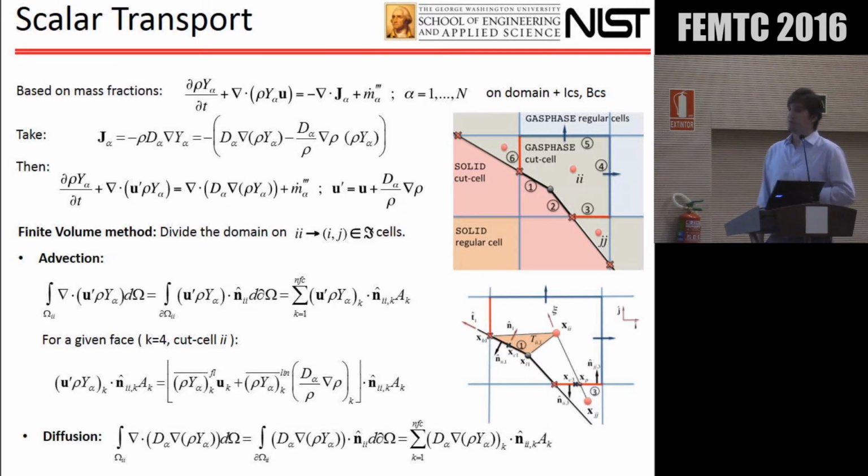Those divergence terms are passed as the computation of fluxes, either advective or diffusive, across the boundaries of our cut cells. And this is one of the schemes that inherently leads to conservation. Conservation means the numerical scheme will not let mass be lost or gained.